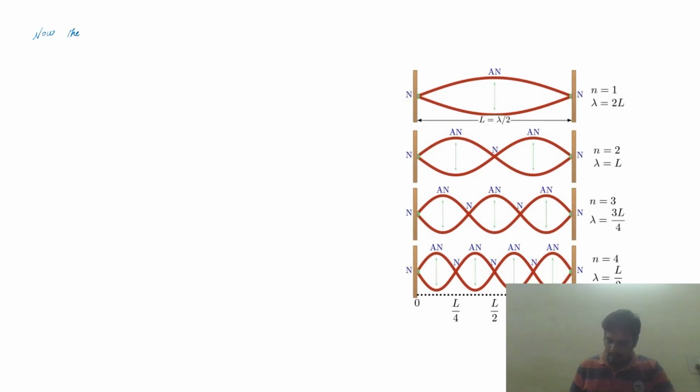Now the resultant wave is y(x,t) equal to 2 times the amplitude, sin kx cos omega t. Suppose you consider the left boundary here, and this is the right boundary.